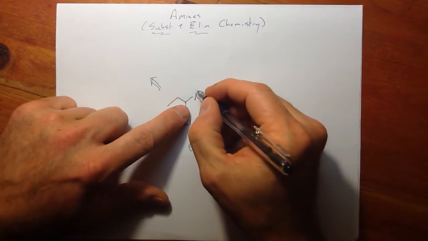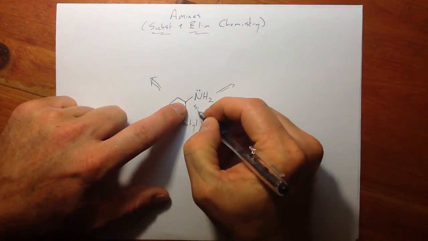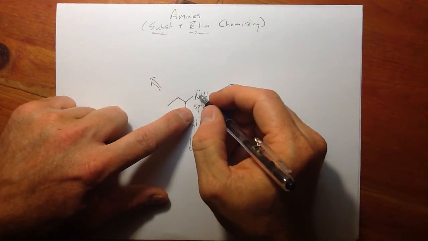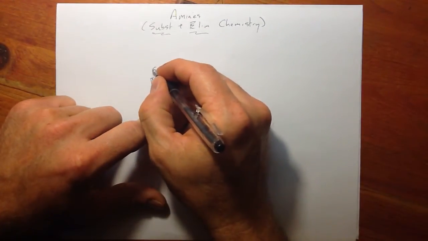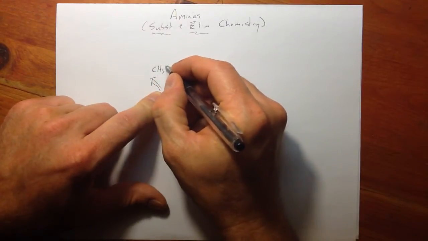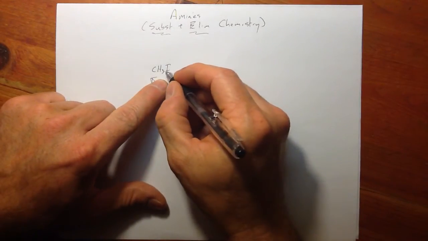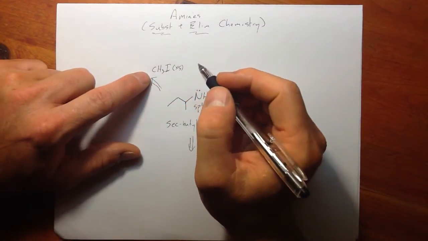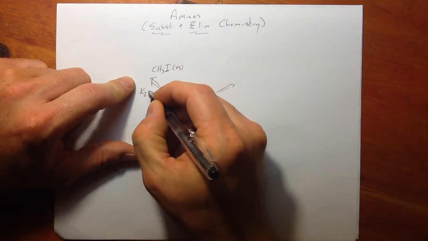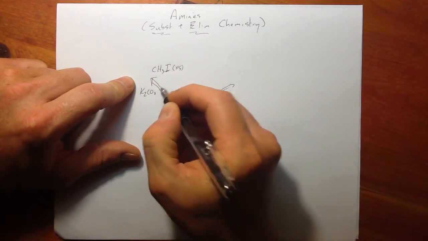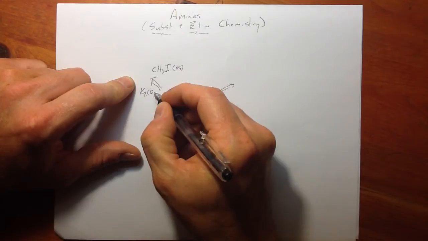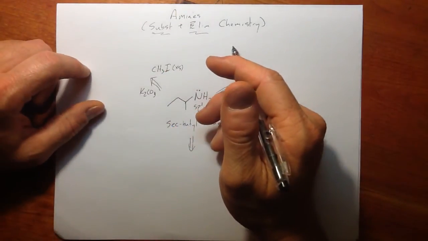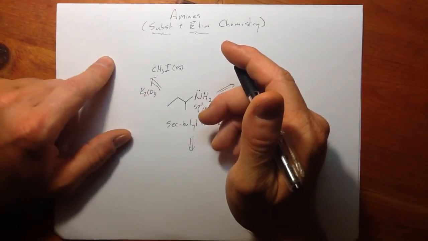We can take the nitrogen, sp3, partially negative, as a good nucleophile, and react it with something as simple as methyl iodide, in excess. Using a scavenger, maybe potassium carbonate, something that can keep the acid concentration down by scavenging protons off, will help drive this reaction.